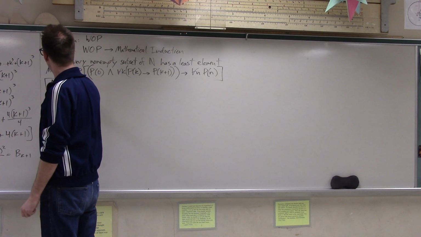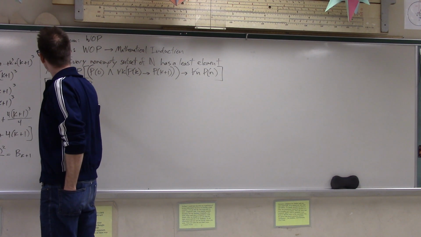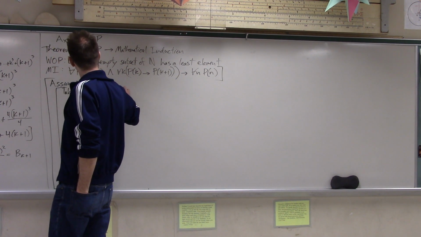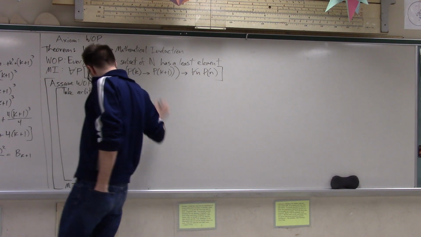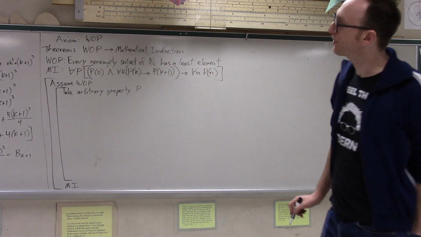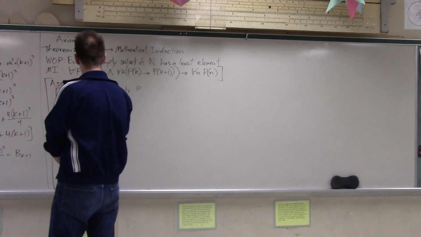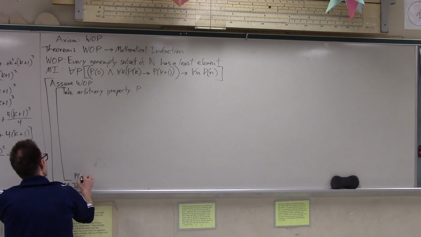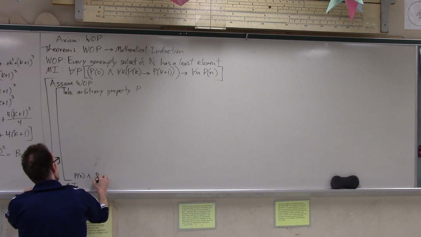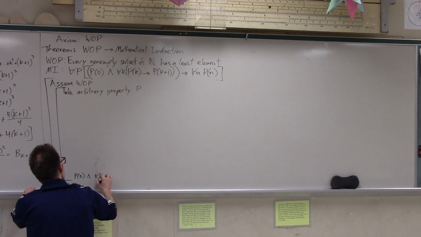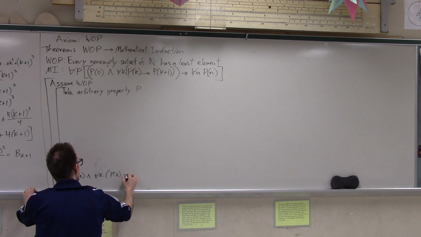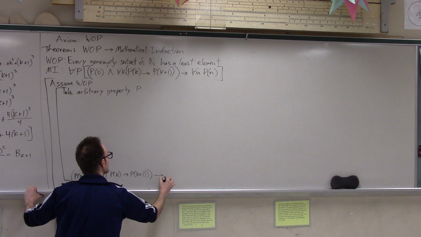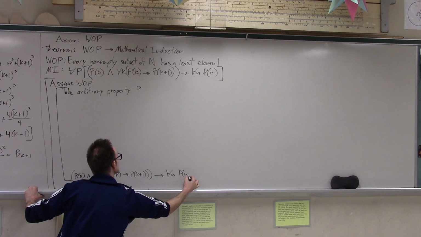Okay, so if we're doing this really nicely, we should say take arbitrary property P. Okay, so given any property whatsoever, I'm going to now conclude what I need to conclude about that property, which is that if 0 has the property and whenever a number has that property, so does the next one, then all numbers have that property.